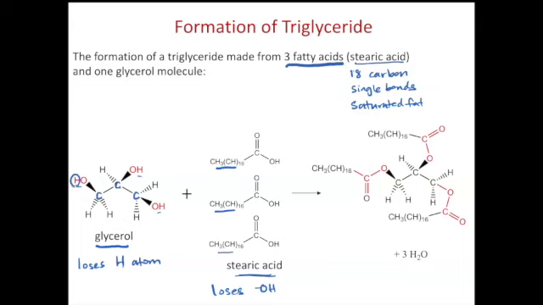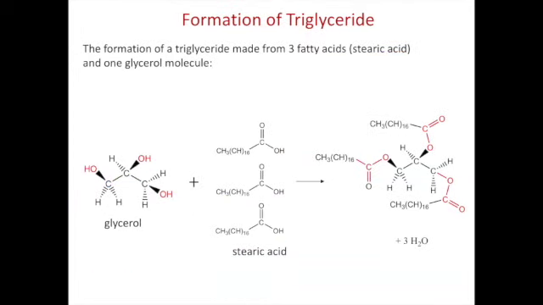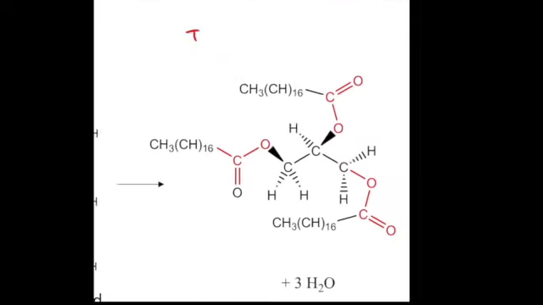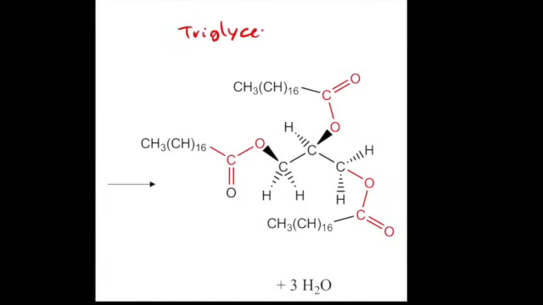So this hydrogen comes off on each of these, and this hydroxide comes off on each of these fatty acids. What you end up with is an overall triglyceride. So this is the triglyceride you end up with.